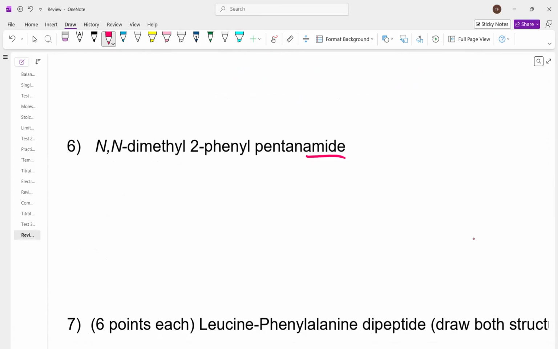So the nitrogen has got 2 methyl groups coming off of it. And this is 5 carbons long. Now carbon number 2, we have a phenyl branch.